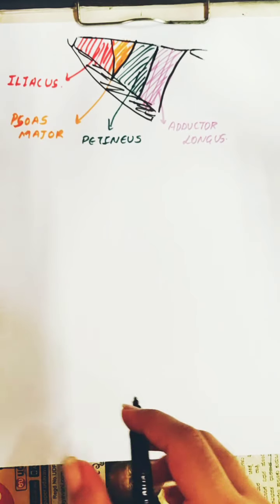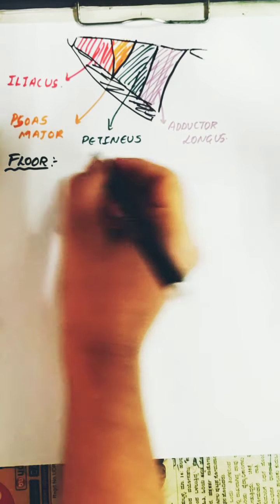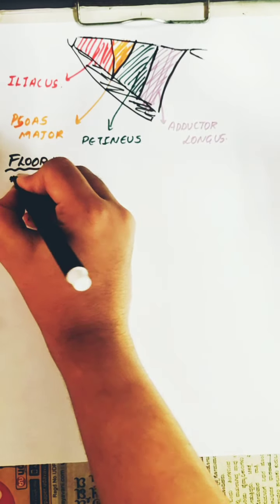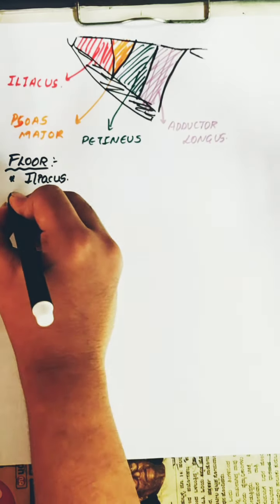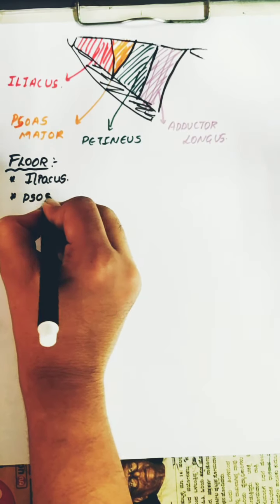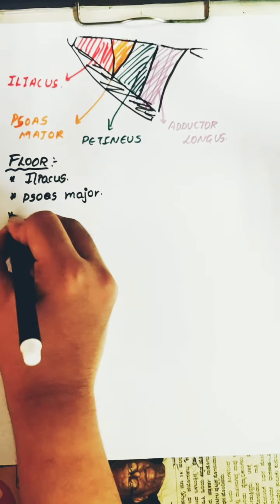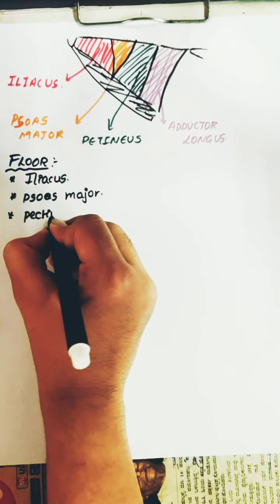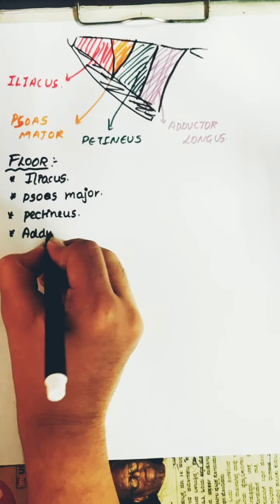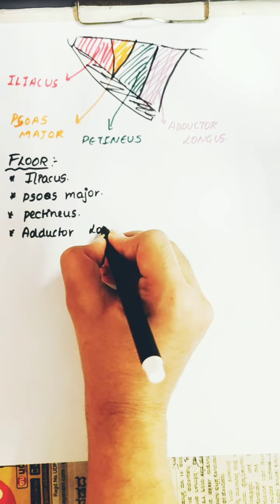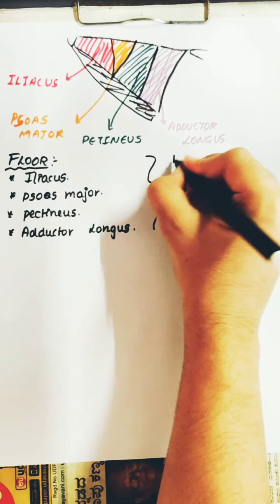We'll write all these points in detail. The floor is formed from four muscles: iliacus, psoas major muscle, pectineus muscle, as well as the adductor longus muscle.